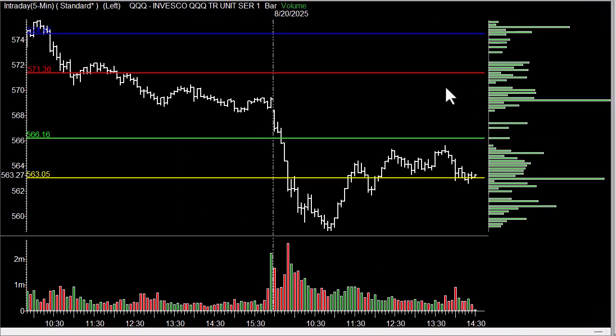That's my chart of the index, and you can see it's doing exactly the same thing. It came down through, it's been trying to reverse higher all day, and now it's gravitating to that second support level and is basing there. What's that tell us? It says the market is trying to pick up and get back up into probably the 566.16 support level.